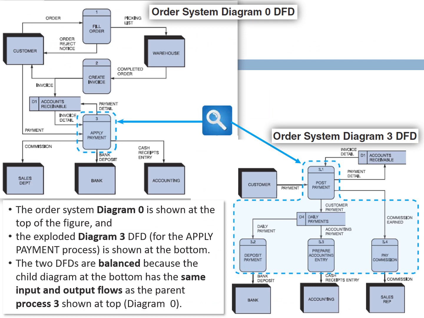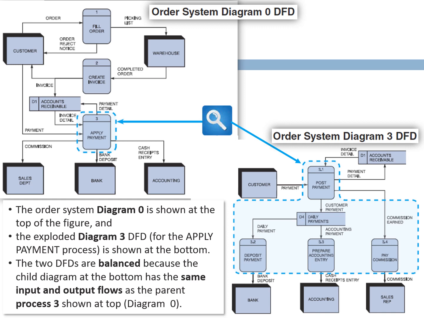Another example, still looking at the order system diagram 0 at the top. Just now we looked at fill order, now we look at diagram 3, which is apply payment. We explode process 3, apply payment, so the name of the diagram is diagram 3.